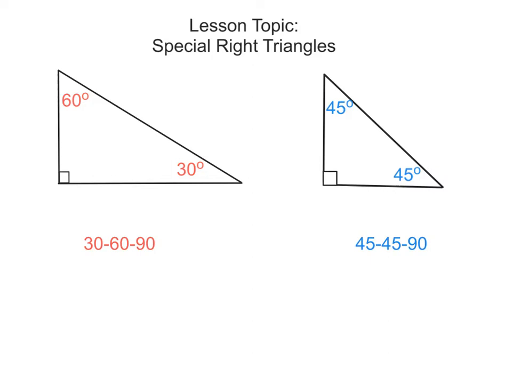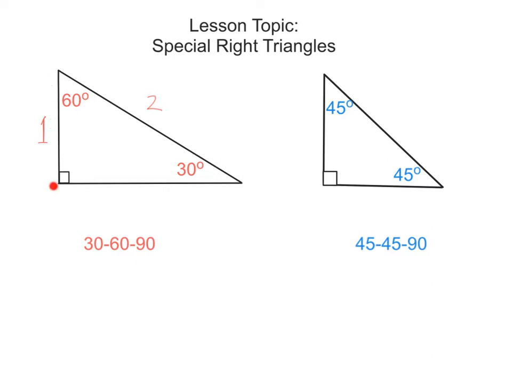Okay, so we know that the shortest side, which has to be across from the 30 degree angle, is, if it is 1 unit long, so let's say it was 1 foot or 1 inch or 1 meter, then the hypotenuse across from the right angle will always be 2.